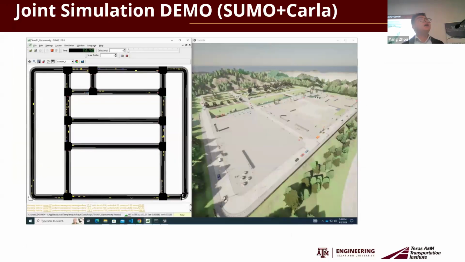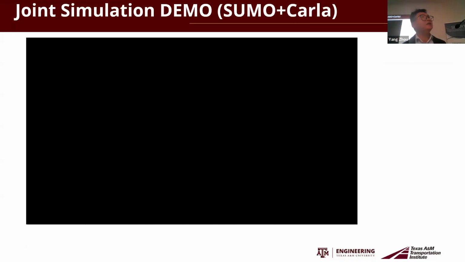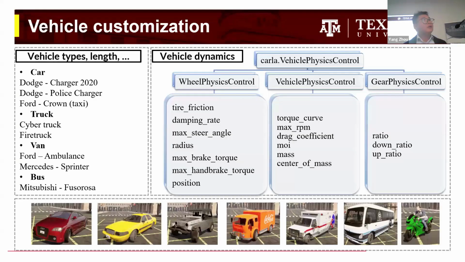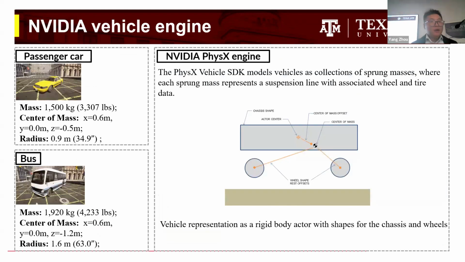And here is a simple demo of SUMO and CARLA. Essentially, you can use SUMO to generate the traffic control devices and basic traffic. Further, in CARLA, you can pick different cars, trucks, vans, and buses, together with tire friction, mass, and damping systems, enabled by PhysX.